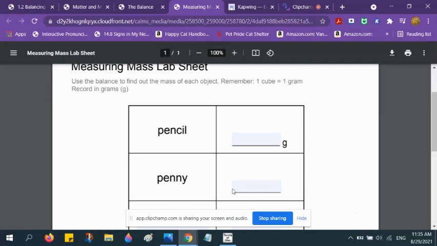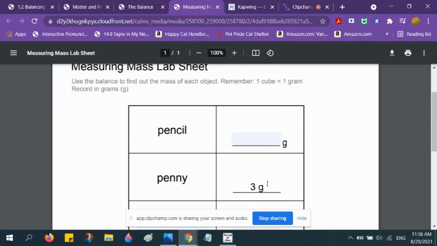Now penny, we figured from our last experiment that a penny was actually 3 grams. So we're just going to write 3, and then you can put a space and then a G after it. G stands for grams, or if you really want to spell it out, it's written down right here for you. 1 gram.